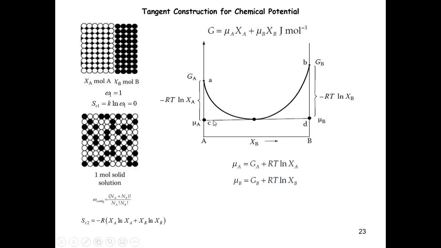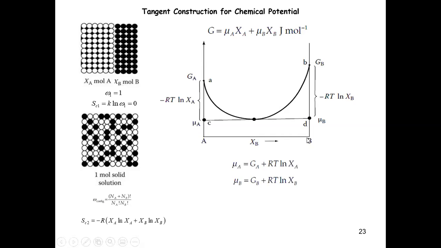So basically this line is simply the tangent line to the point I'm choosing here. It passes through this point, tangent to the free energy curve. That makes sense to everyone? So this is how I construct this line. This line has an intersection with the axis where XB equals 0, the pure A axis, and an intersection with the pure B axis, where XB equals 1.